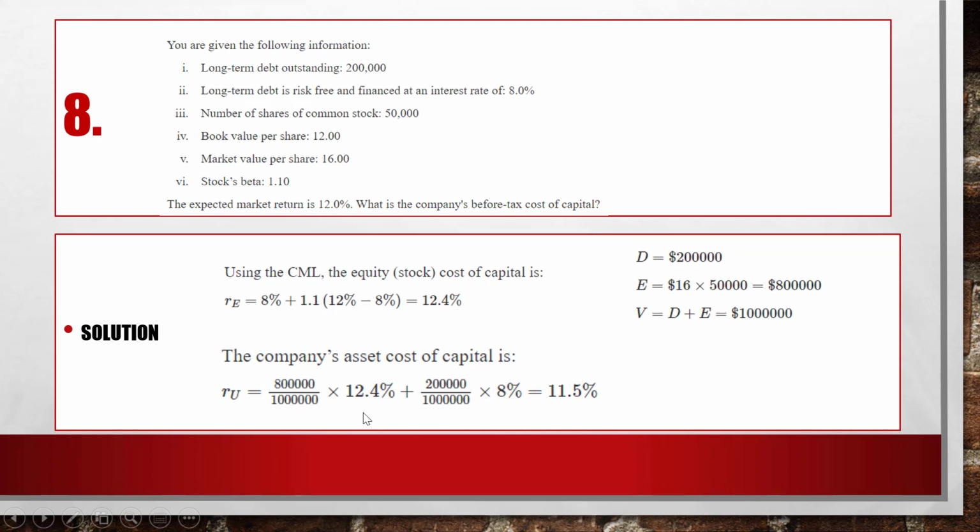RE is 12.4%. 200,000 over 1 million is the proportion of debt to asset. 8% is the debt rate, and we get 11.5%. This is the unlevered cost of capital.